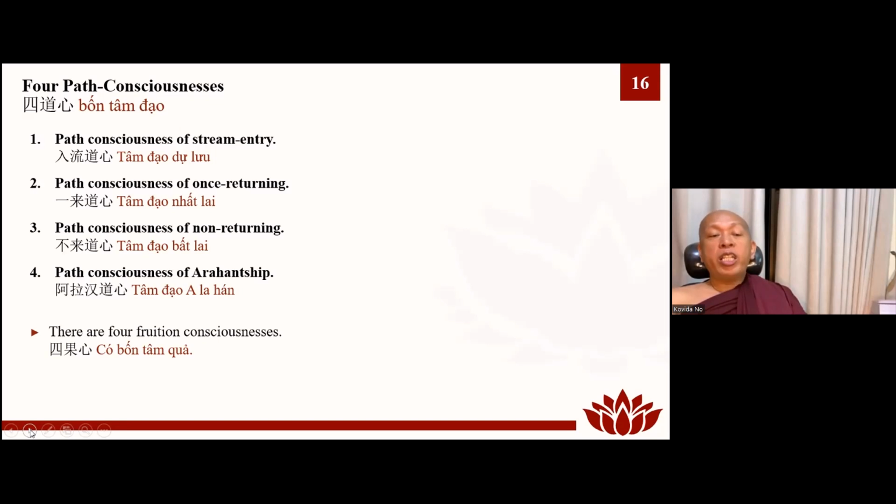So if we summarize all the consciousnesses I have already listed out: 12 unwholesome, 18 unrooted, 24 beautiful consciousnesses. After that, 27 jhana consciousnesses, now 8 supramundane consciousnesses, altogether 89 consciousnesses in brief.